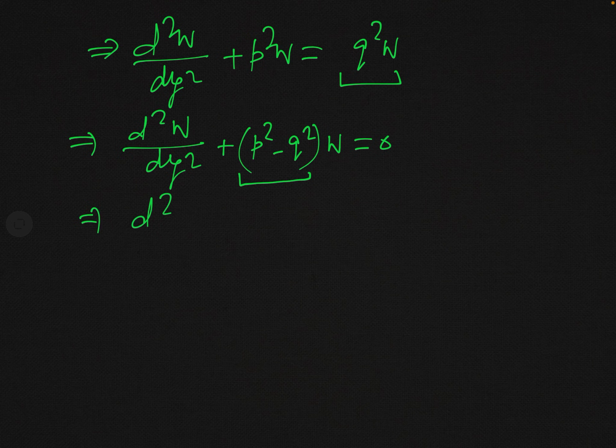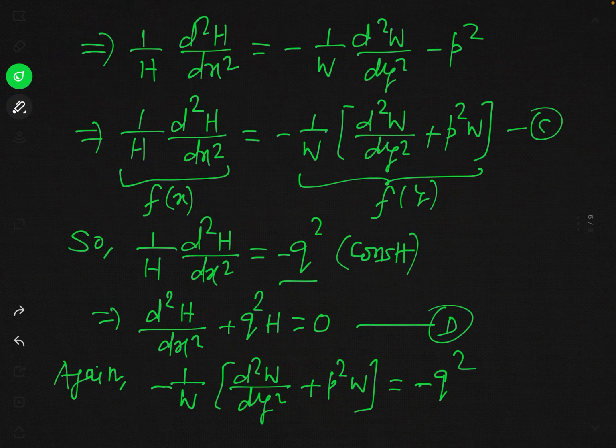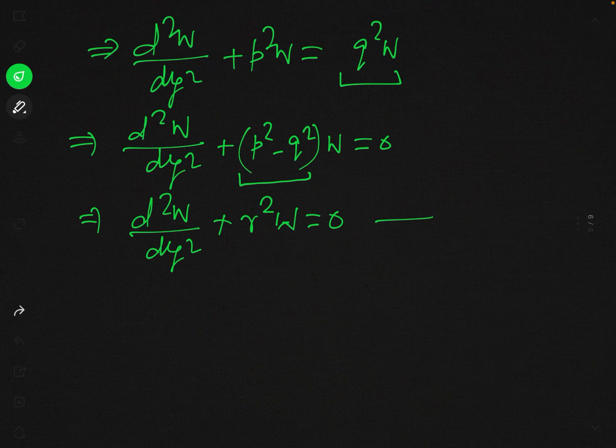Let us consider it. So you may write d2w by dy square plus r square w is equal to 0, and say this is equation E. You can see this is an ordinary differential equation of second order with constant coefficient in terms of a function w, which is a function of only one variable, that is y.